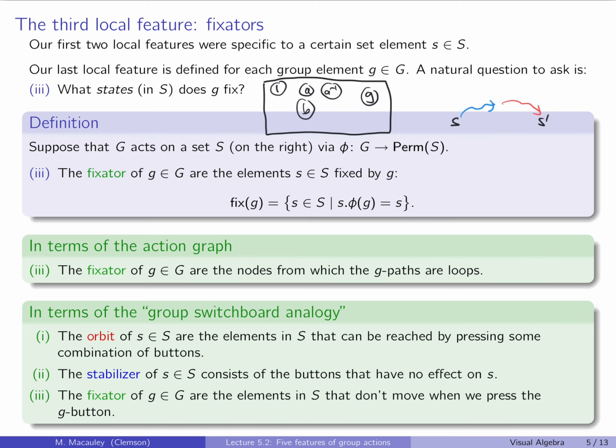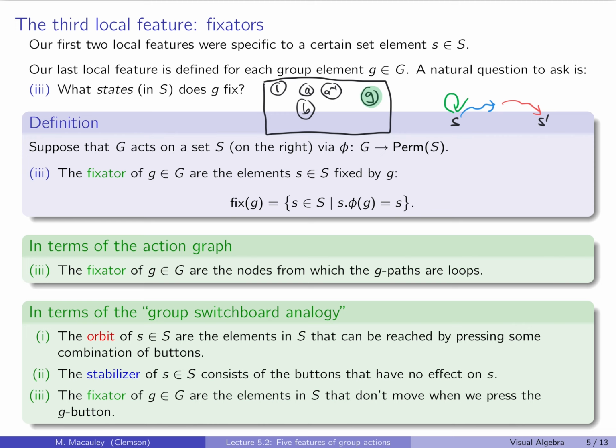So if g is in the stabilizer, that means when I press this button, we stay right here. s doesn't move. The fixator of a group element, g, are the elements in the set that do not move when we press the g button. So for example, if this is green, say, and then s is in the fixator, if when we press the green button, it's a loop. We don't move.